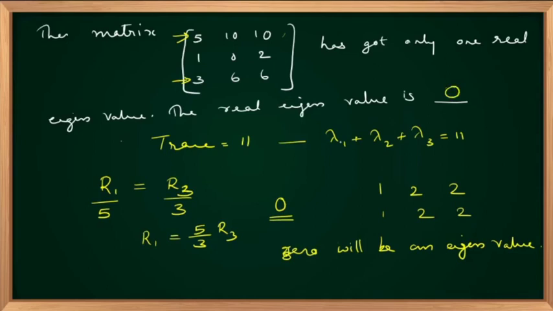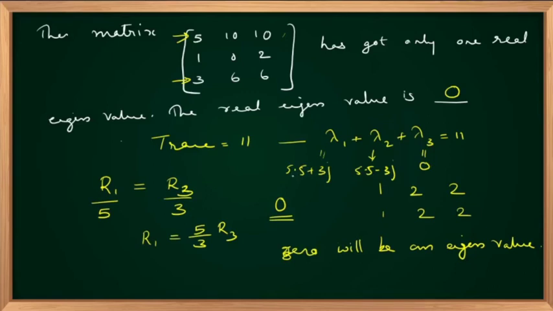Now you can argue whether other values could give a sum of 11. That is possible. Suppose I have lambda 3 equal to 0, and I take lambda 1 equal to 5.5 plus 3j, lambda 2 equal to 5.5 minus 3j. These are complex eigenvalues, and 0 is the other eigenvalue.